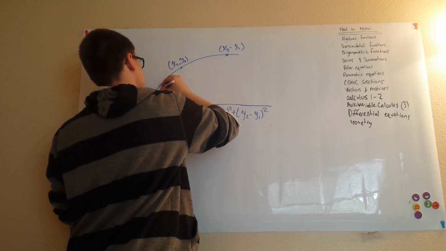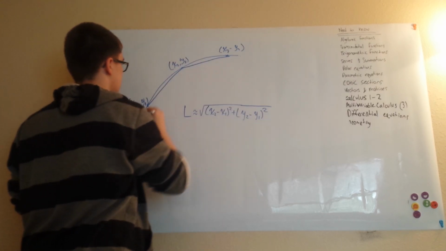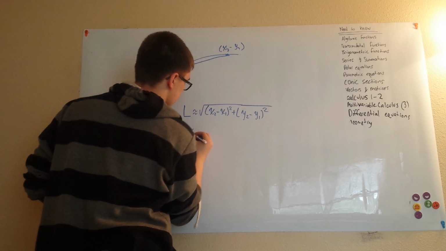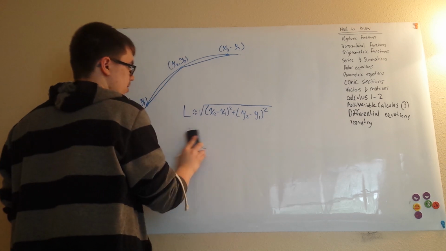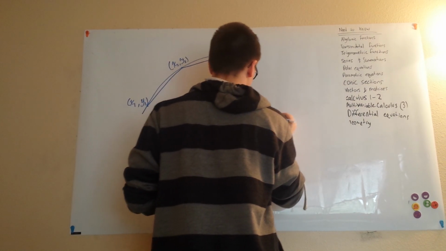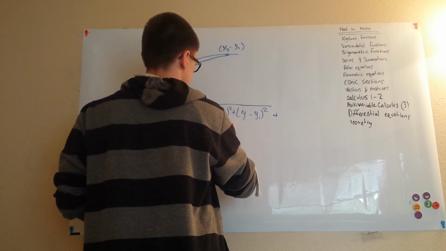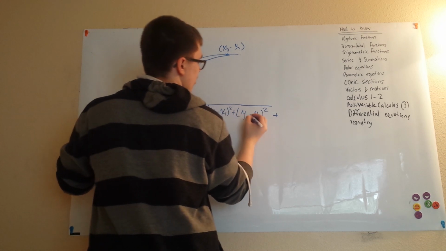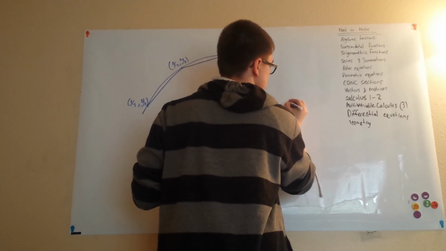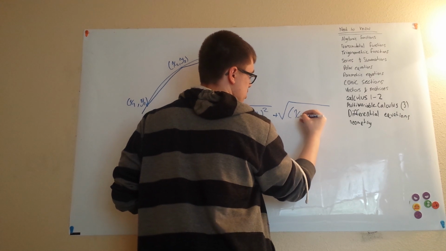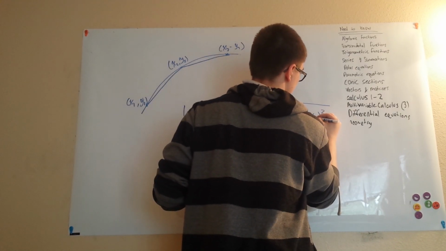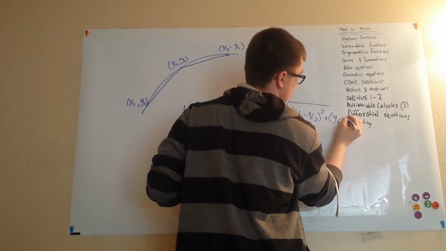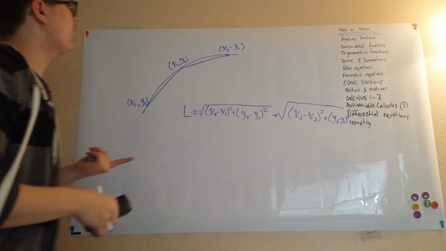So if I did this segment, and then this segment, now the length would be approximately this entire thing plus the square root of x sub 3 minus x sub 2 squared plus y sub 3 minus y sub 2 squared. There you go. That would be the length, right?